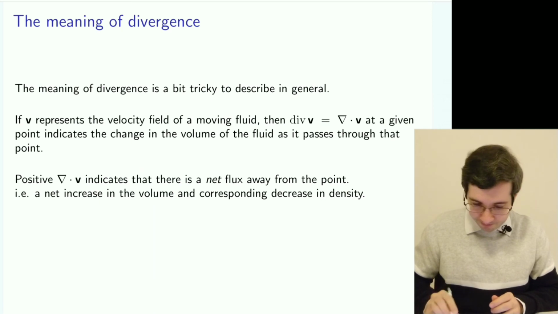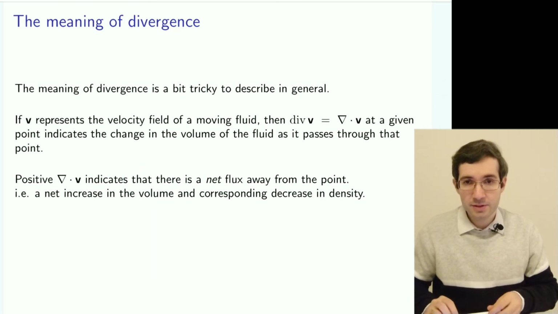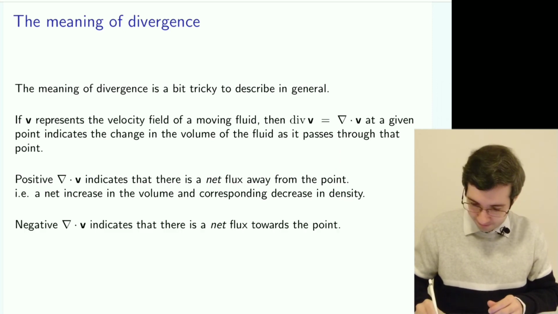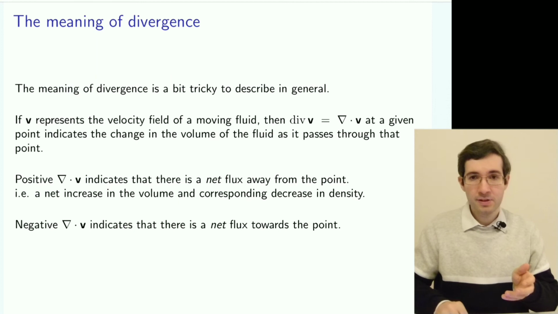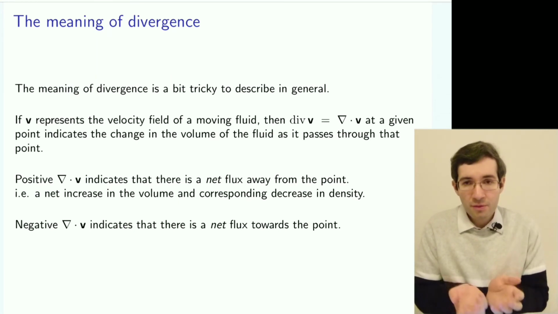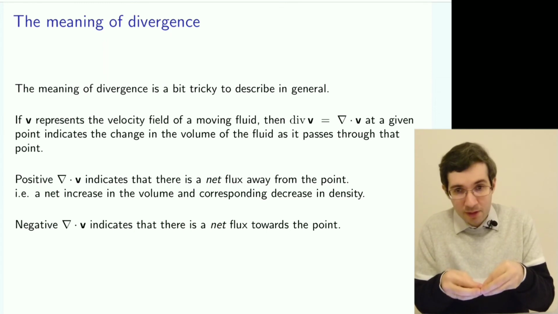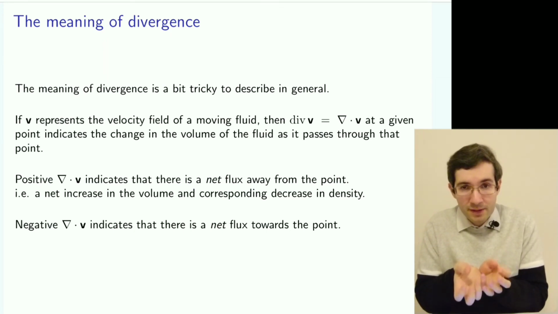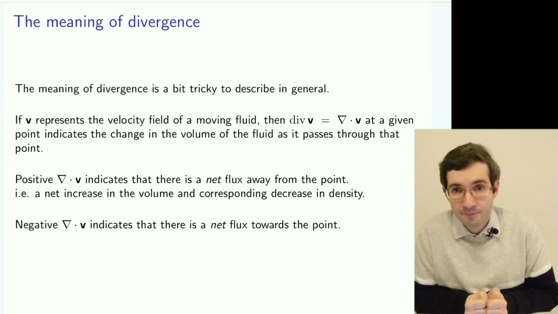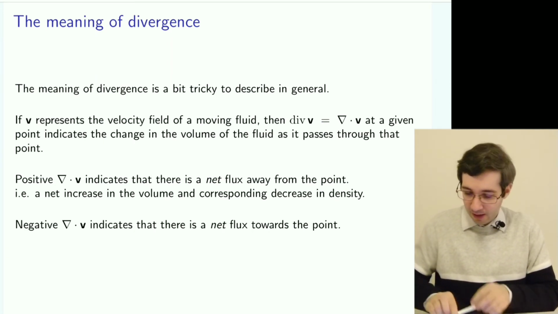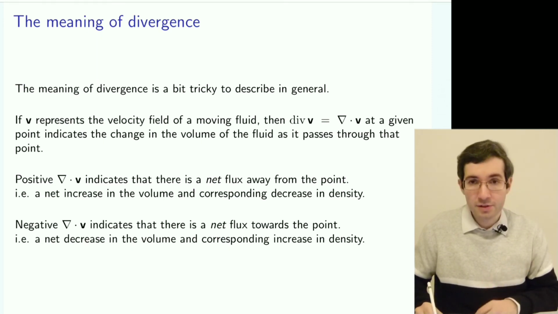And that also corresponds to the increase in density. While negative divergence means that there is a flow towards this location, so effectively something is pumping out your fluid locally. And the density locally is decreasing.